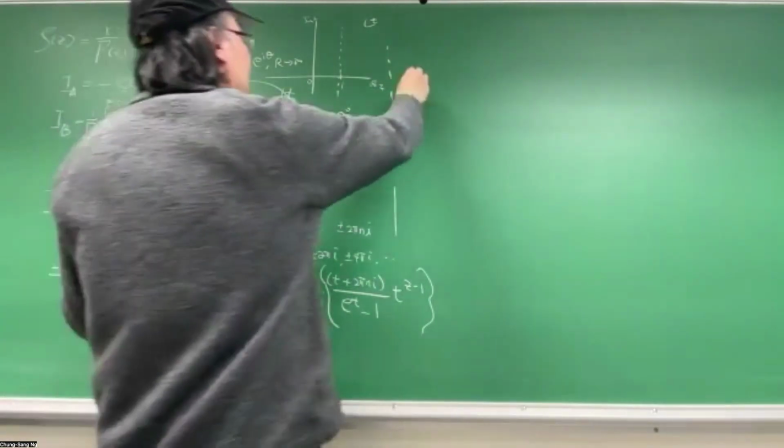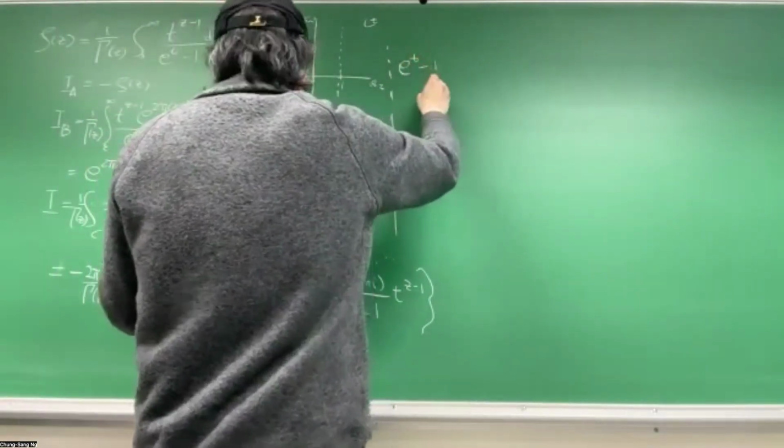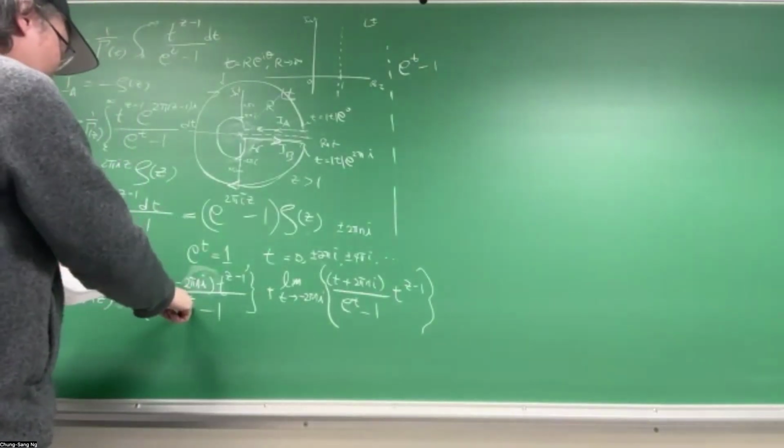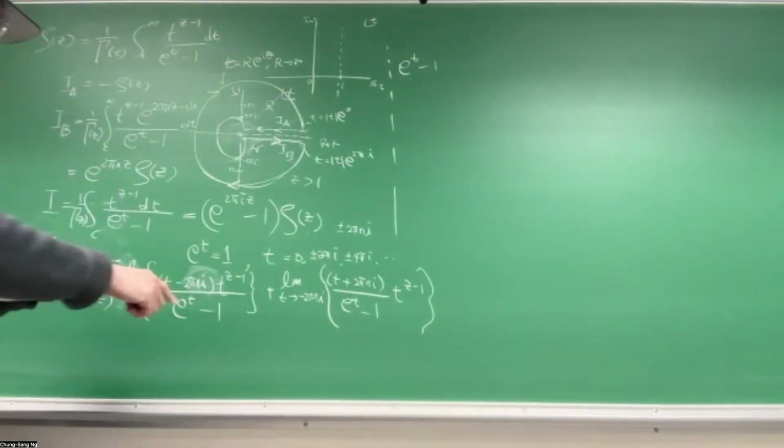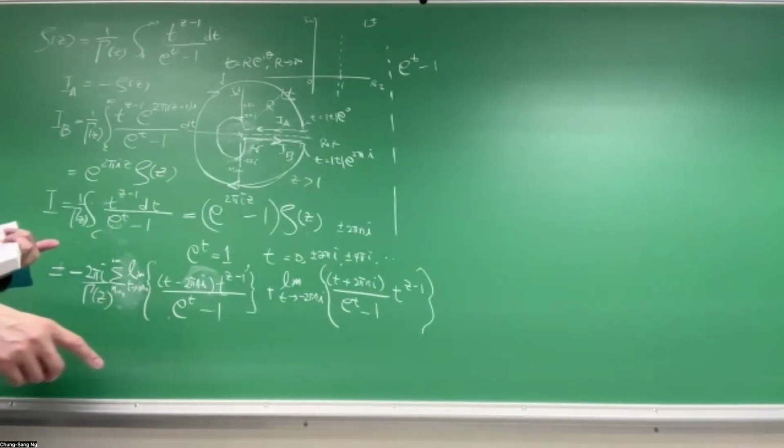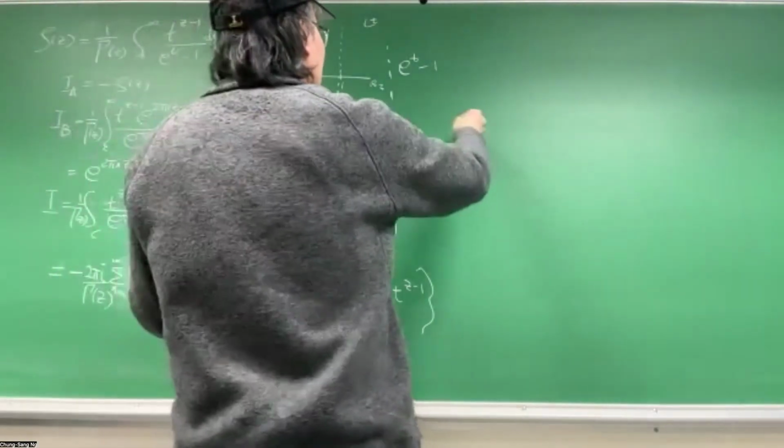So for e to the t minus 1, when t is close to 2 pi i n, e to the t is close to 1, so you can do a Taylor expansion.